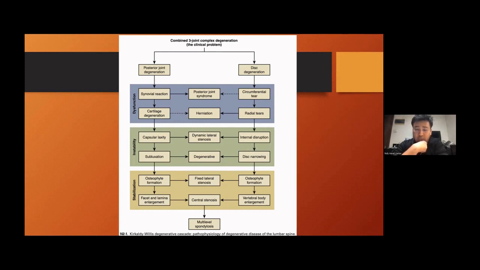Somehow there is a pseudopathology of stabilization. Then the facet and lamina become very enlarged and thick, with thickening of the ligamentum flavum also, and enlargement of the vertebral body makes diffuse central stenosis. Thus the patient will feel not only pain but become paralytic, and it becomes multi-level spondylosis.